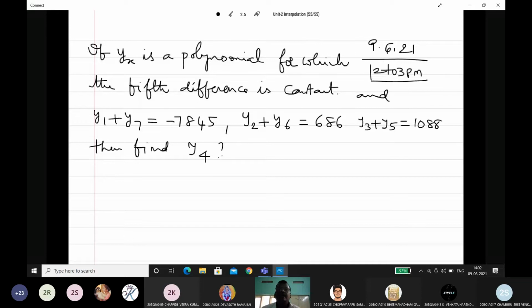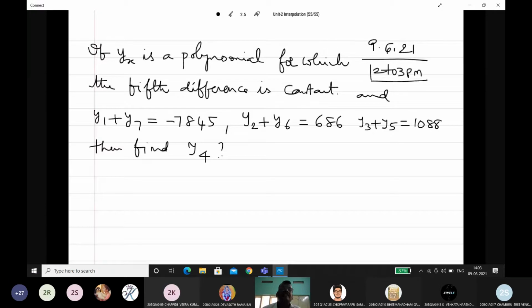Now here we have to observe that y1 plus y7 is equal to some value, y2 plus y6 is equal to some value, y3 plus y5 is equal to some value, and y4 is missing. Therefore, we need to find the value of y4 by using these three relations.